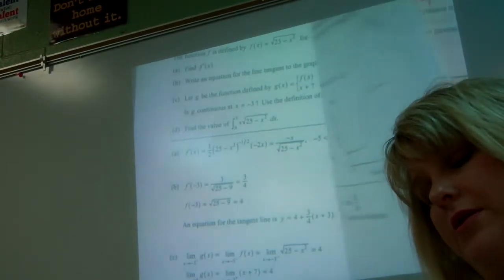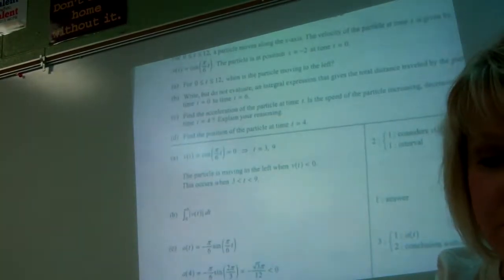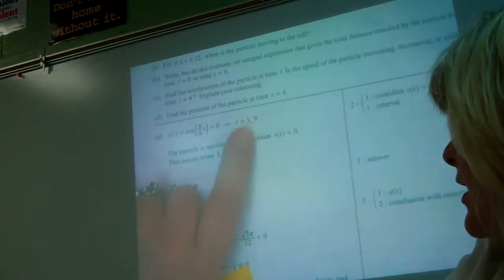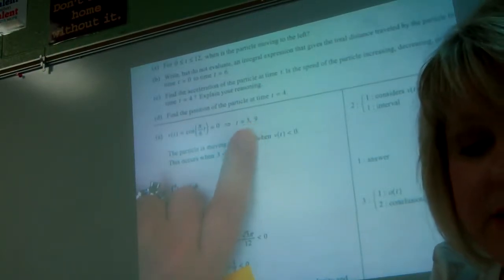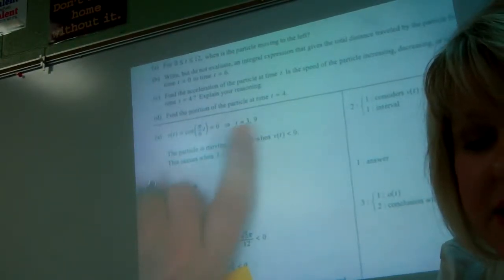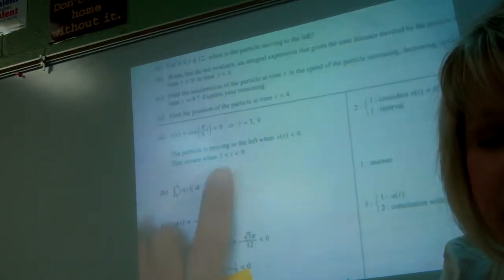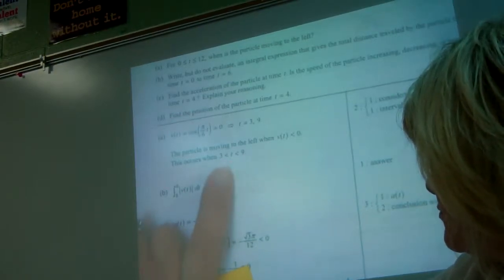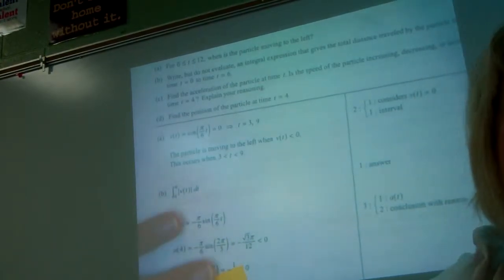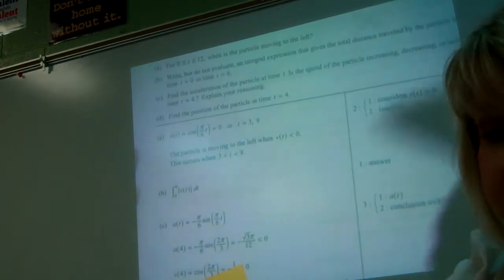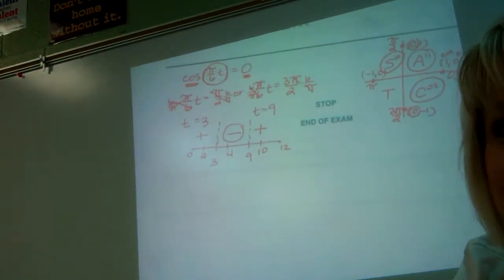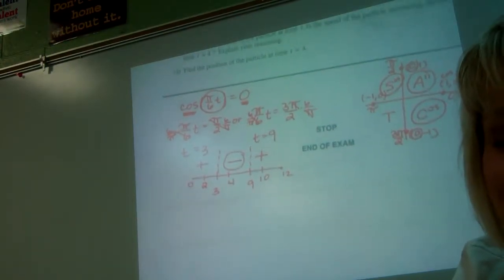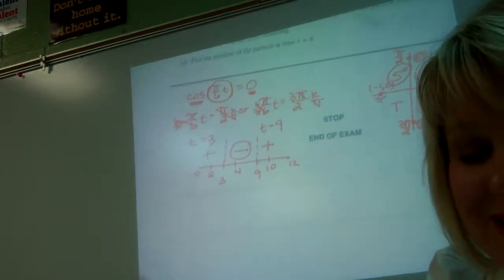This was worth 2 points. 1 point for figuring out that you are looking at when velocity is 0, which is at 3 and 9, and then for figuring out that t is between 3 and 9. So basically you had to have 3 and 9 in your answer, and you had to know t had to be between them. Did any of y'all get that one? Yeah, that one was pretty bad, and for only 2 points.